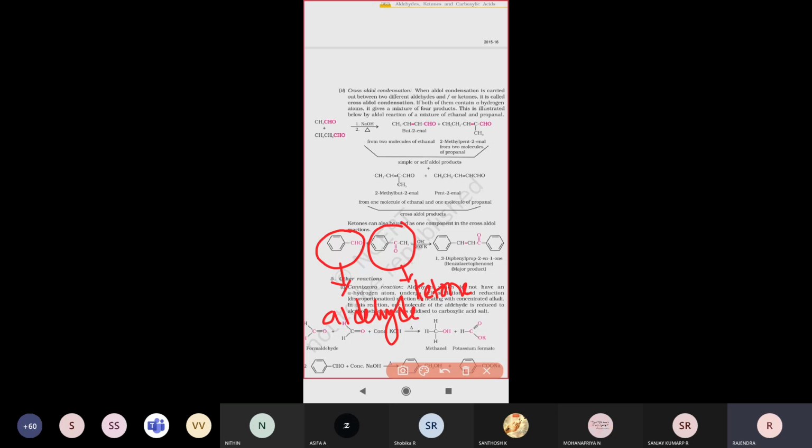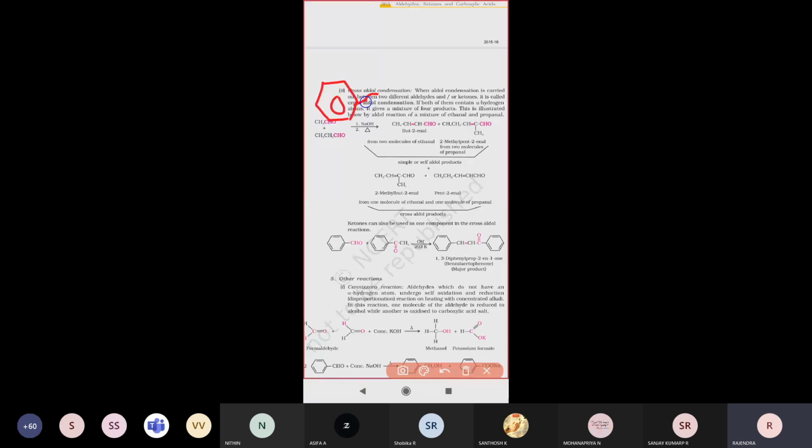This happens in the presence of a base, that is, an alkali such as sodium hydroxide, barium hydroxide or magnesium hydroxide. Any one of the bases can be used. Just look here: we take two compounds. One is benzaldehyde. Just see, all of you. I will draw this structure.